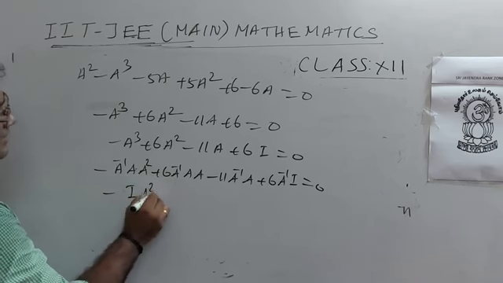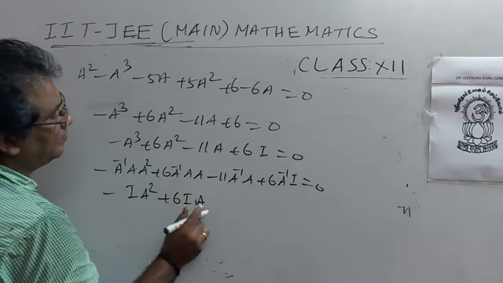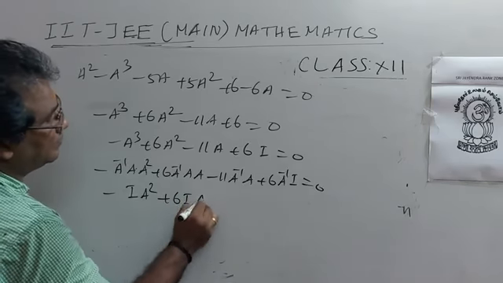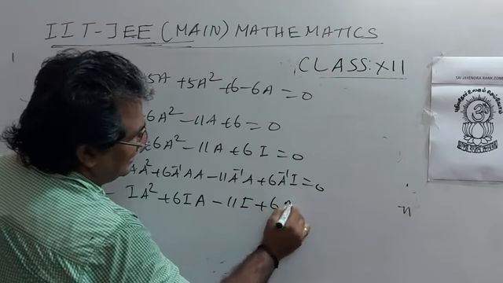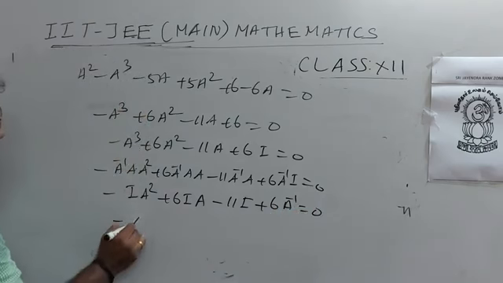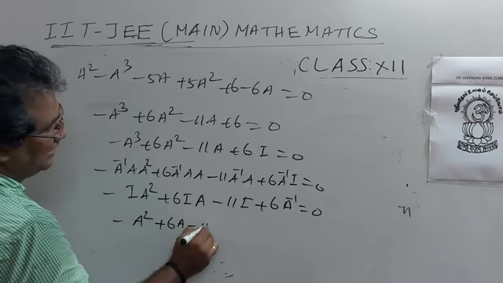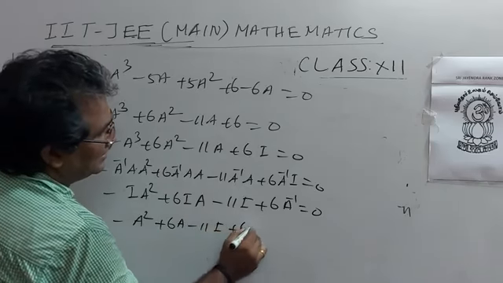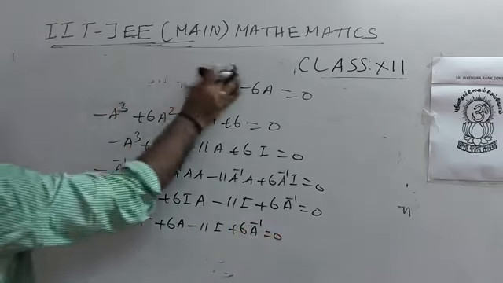minus A squared plus 6A minus 11I plus 6 A inverse equal to 0.